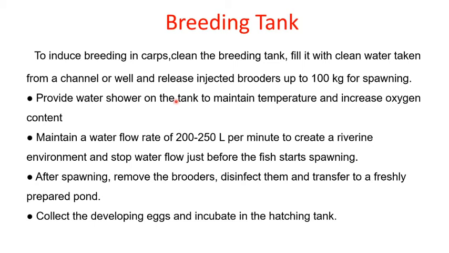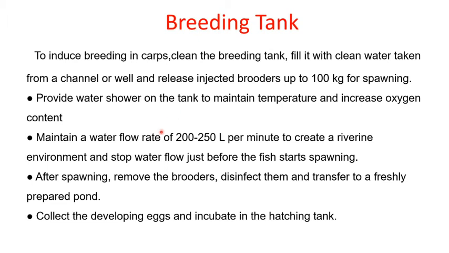For the induced breeding of major carps, clean the breeding tank, fill it with clean water taken from a channel or well, and release injected brooders up to 100 kg for spawning. Then provide a water shower on the tank to maintain temperature and increase oxygen content.